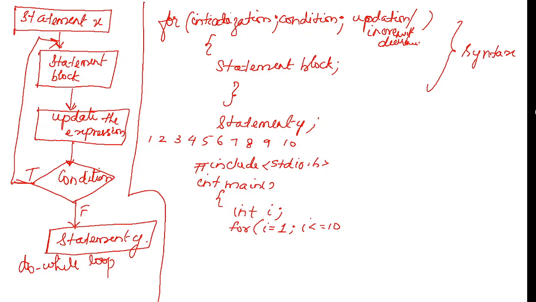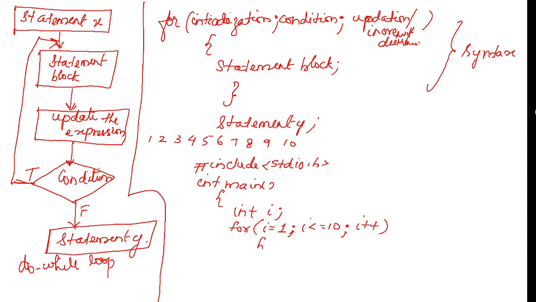Here I made a mistake. It is a semicolon after the condition, again a semicolon. Then you are going to increment or update, so i plus plus. See here the difference between while, do while and for. You have written the three different steps in a single step in the case of the for loop, whereas in while and do while you have written these in three different steps.